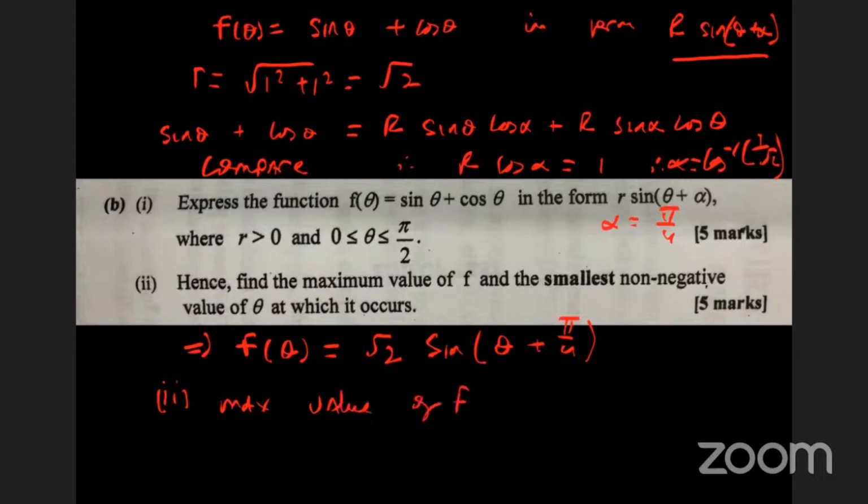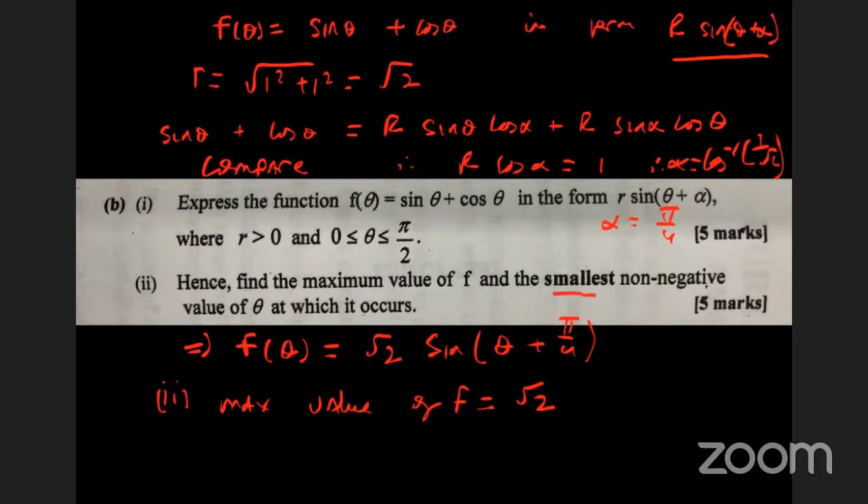So therefore, f of theta is really R, which is root 2, sine(theta plus pi on 4). That's the answer for part 1. In part 2, they ask you to find the maximum value of f. So the maximum value of f is positive R, which is root 2. Now here's the thing.